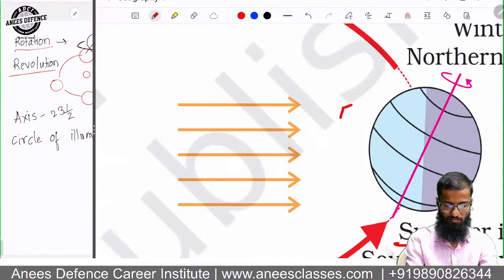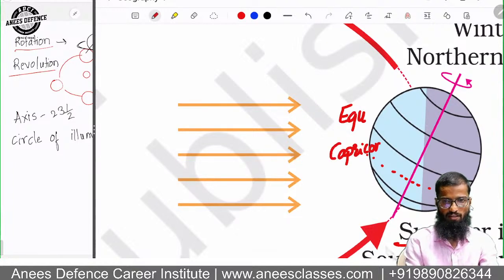Somewhere here you will have Capricorn, and you will have the Antarctic Circle.